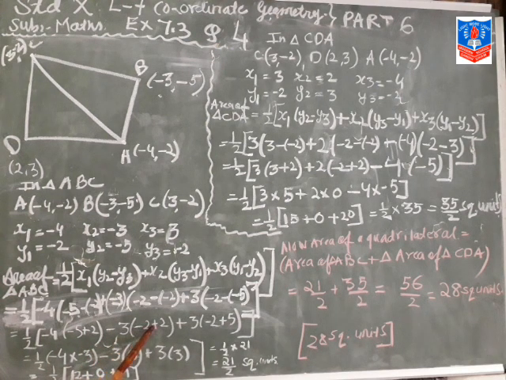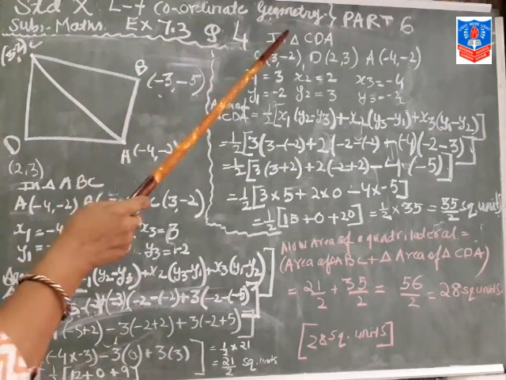Then minus 2 plus 2, 0, plus 3, and here also plus 3, plus 5 minus 2, plus 3. 4 3s are 12, minus into minus, plus, minus 3 and 0. So we will write plus 0. We will not write minus 0. Clear? 3 3s are 9. So 12 plus 9, 21 upon 21. So half into 21. So 21 upon 2 square unit. So compulsory units you have to write.